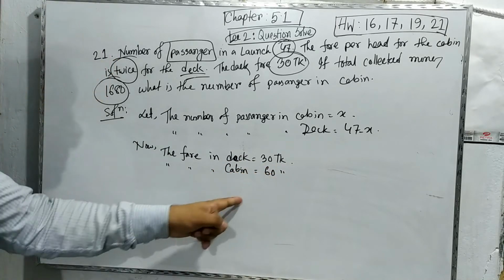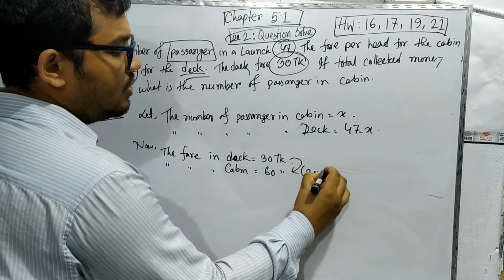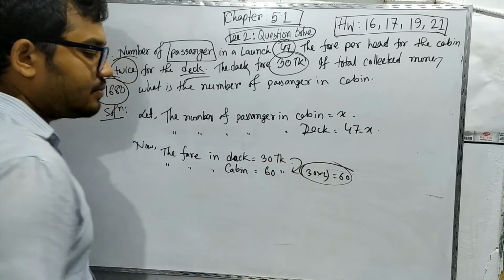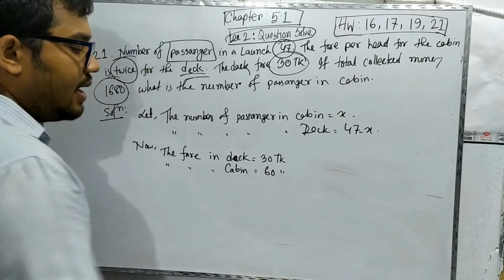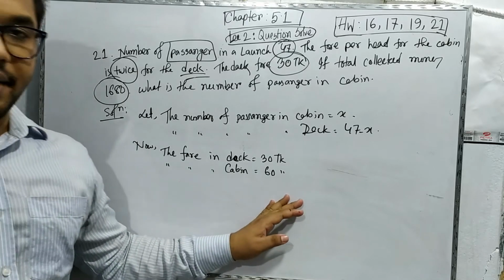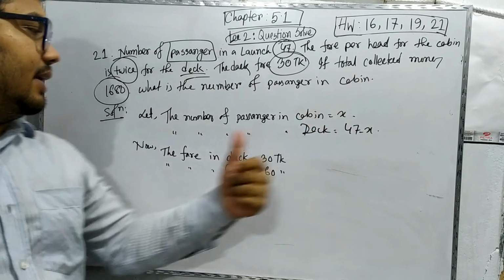Why? Because of the relation of twice, that is 30 into 2 equals 60. Okay, so we have already got the cabin rate and deck rate. Now the other clue given is the total collected money.